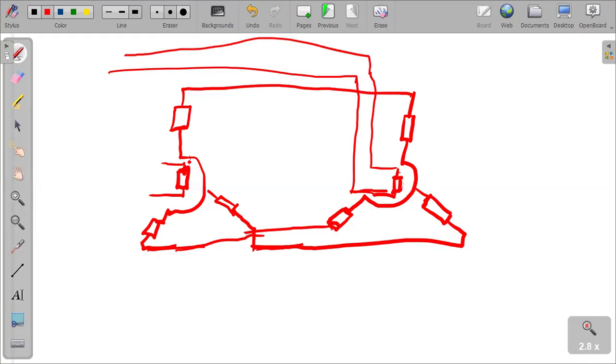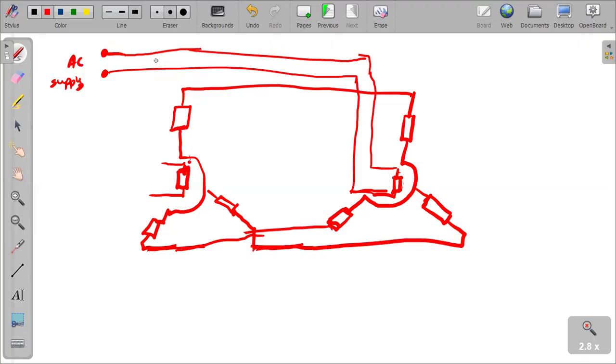There's my diagram. Pardon me, my diagram is a little bit poor, but I'm trying to bring out what we have here on the synchro. Then we have the AC supply, a single phase.